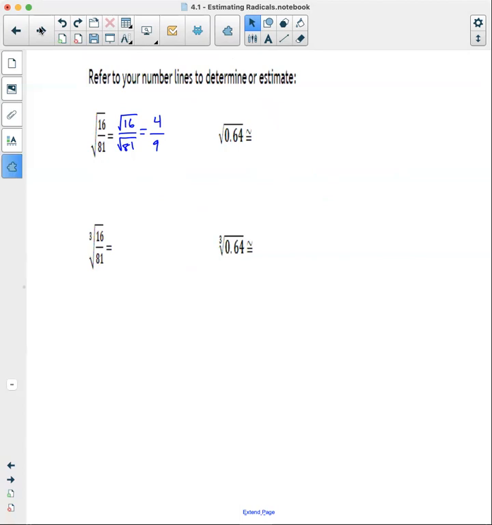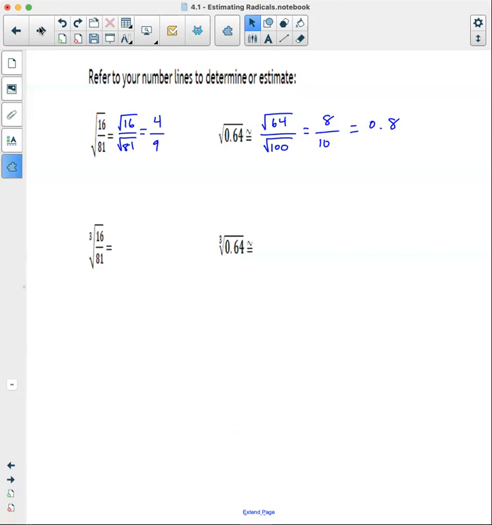So this can be rewritten as the square root of 64 divided by the square root of 100. Remember 0.64 is 64 hundredths, okay? Which can be written, square root of 64 is 8, square root of 100 is 10. And if we change that into a decimal, 0.8. Look at that, less than 1.